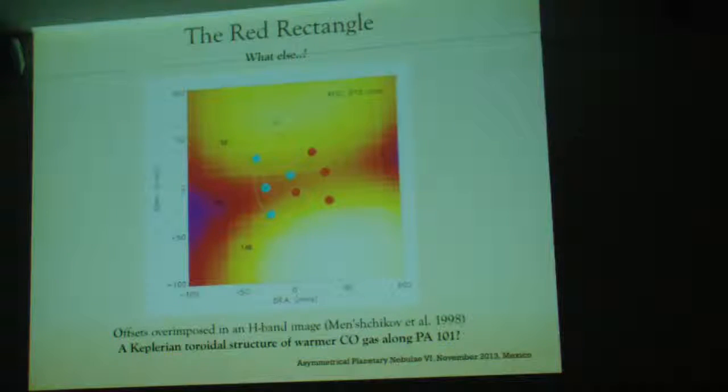But each of these represents the position angle observed, and it's overlaid on an H-band image of the Red Rectangle, just to represent what's happening at the innermost region. So we have these blue and red dots. They represent the points of velocity, blueward and redward. And we don't know, maybe it can be this Keplerian toroidal structure of warmer CO gas along position angle 101.